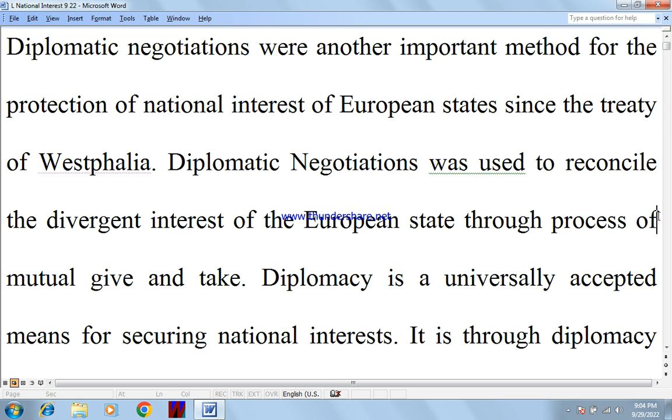Diplomatic negotiations were used to reconcile the divergent or different interests of the European states through a process of mutual give and take policy.